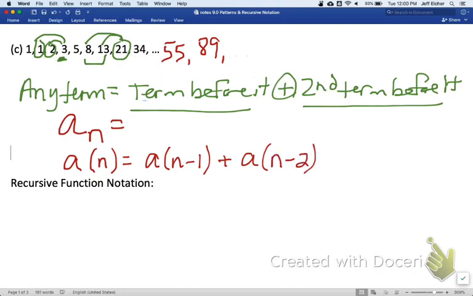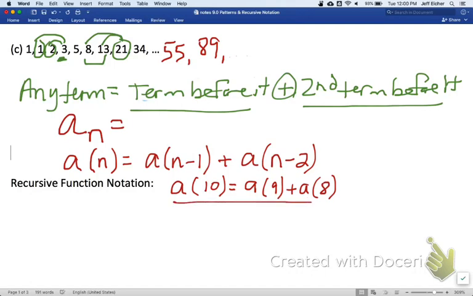So for instance, what this is saying is, if you want the 10th term, you'd have to do the 9th term, a sub 9, plus the 8th term, which is a of 8. And this right here is exactly what the Fibonacci sequence is doing. So this would be our recursive formula.